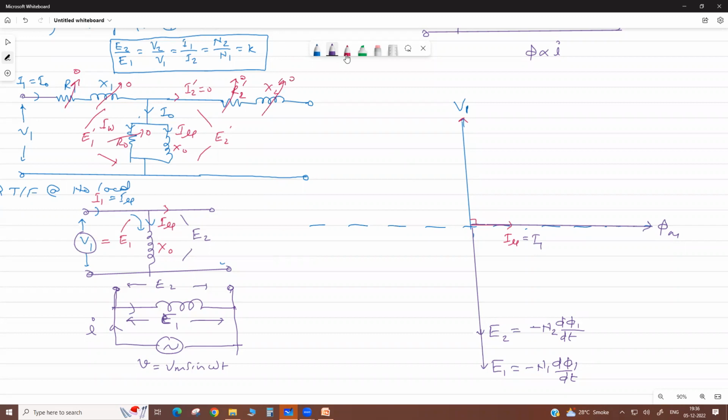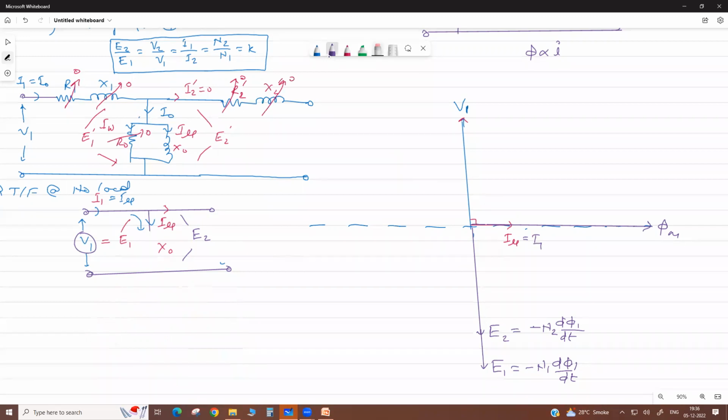But suppose, my dear, if we connect the load, now ideal transformer at load, please consider.